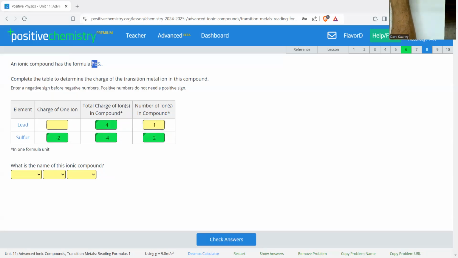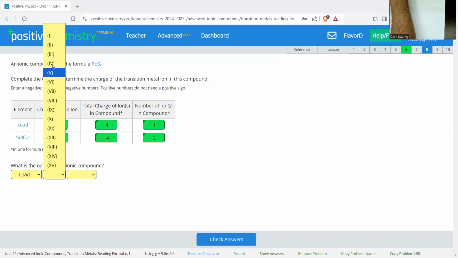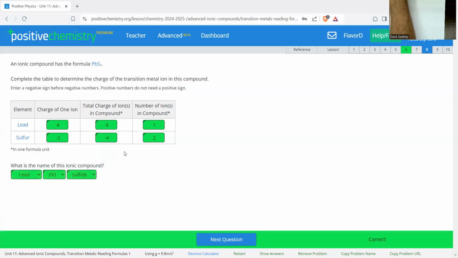Lead, remember, I know it doesn't look like lead, but it's from Latin, so it is. And if I have 1, to accomplish +4, it must have been a +4 charge. So what is the name of this? It is lead, Roman 4, sulfide. Remember to get the ide ending.